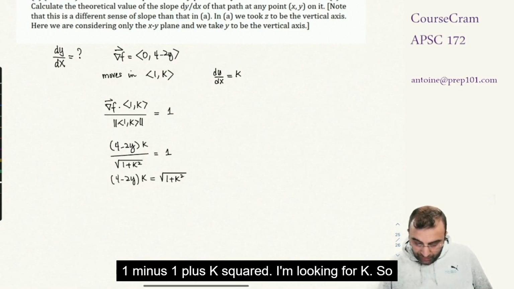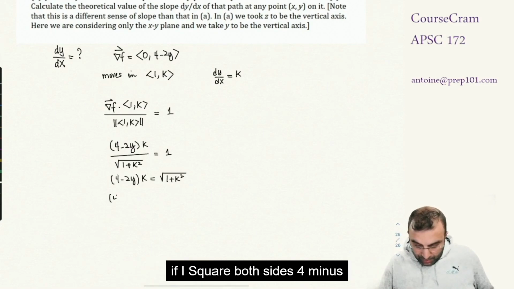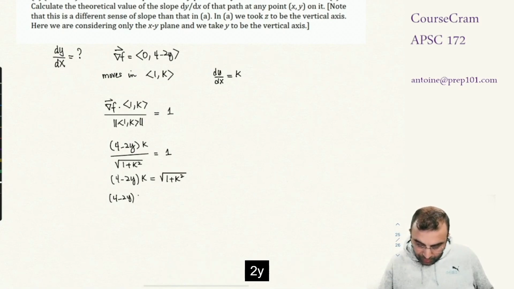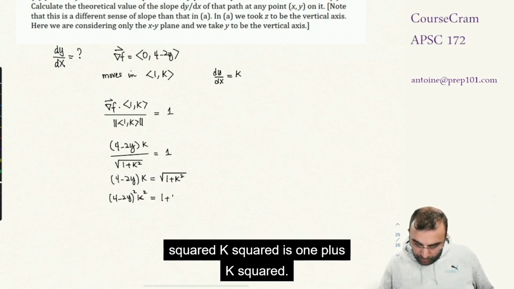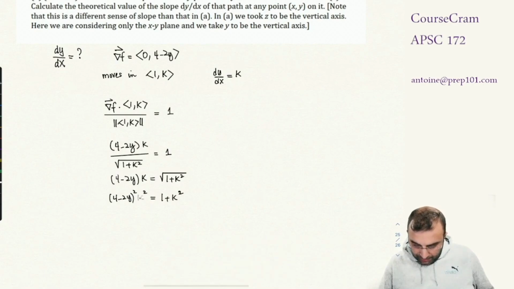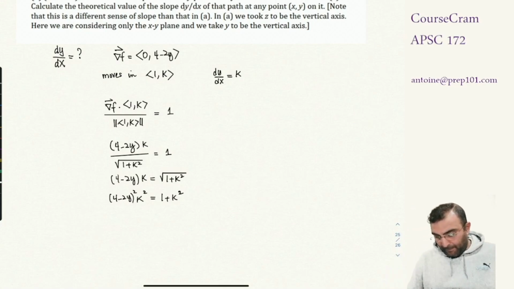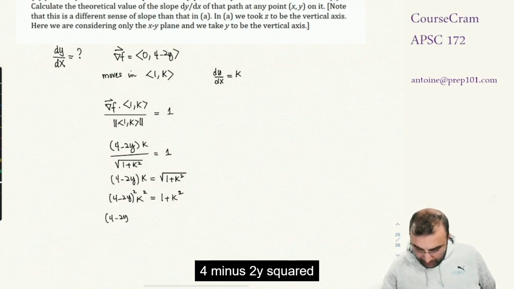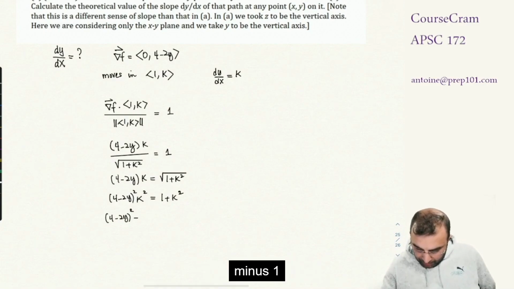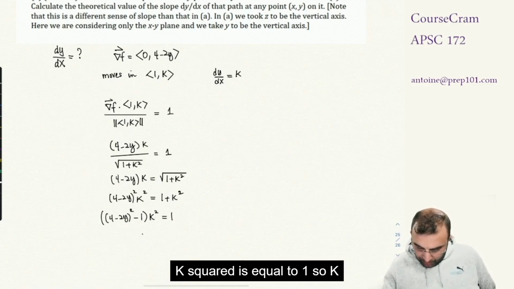I'm looking for k, so if I square both sides, (4 − 2y)² k² is 1 plus k squared. So that means ((4 − 2y)² − 1) k² is equal to 1.